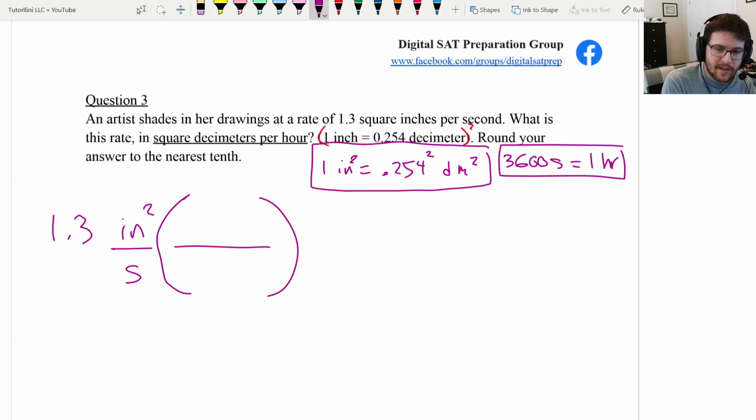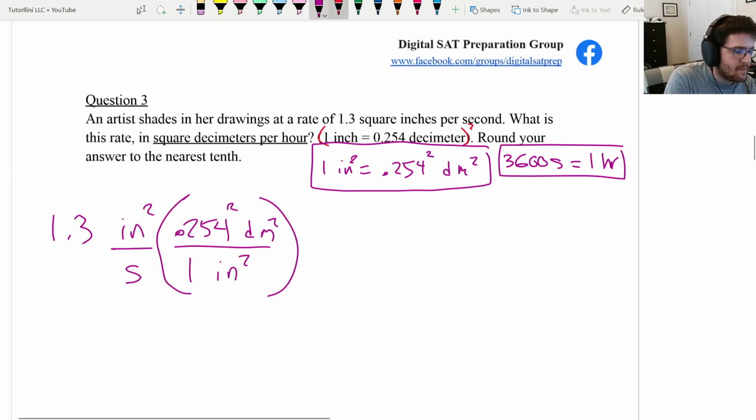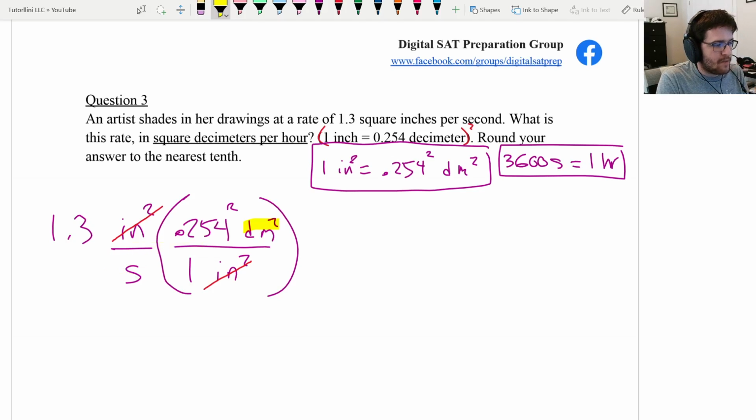Now we're going to do the factor label method. So we're going to put 1 inches squared on the bottom and 0.254 squared decimeters squared on the top. And you see now, because we did it like that, these square inches cancel. So now we have decimeters squared per second, but we want decimeters squared per hour.